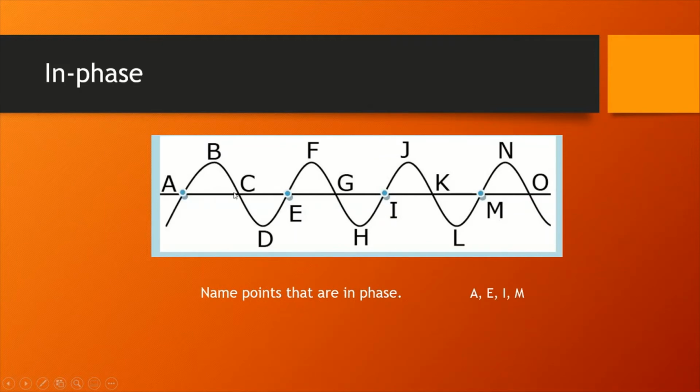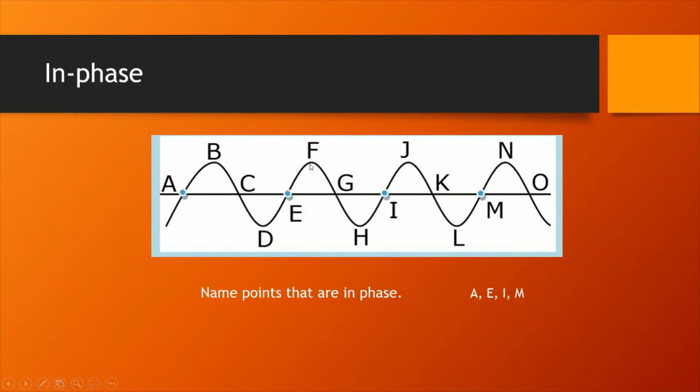So are A and C in phase? No, right? Even though both have the same displacement, they do not have the same direction. A is on the way up, C is on the way down. So A and C are not in phase. But C, G, K, and O are in phase.